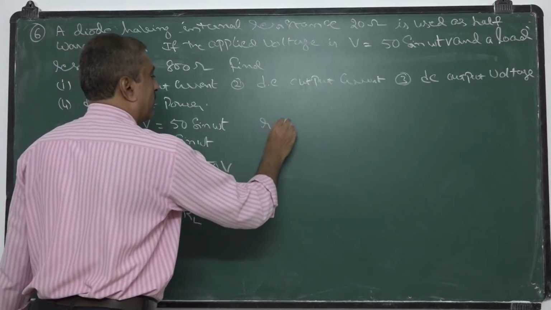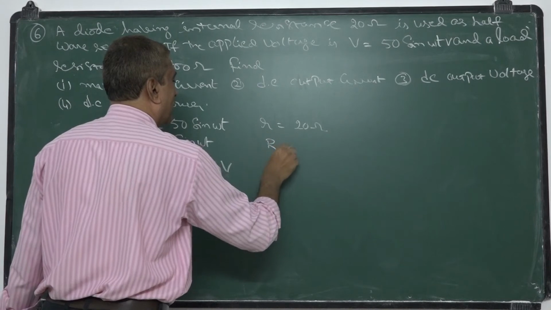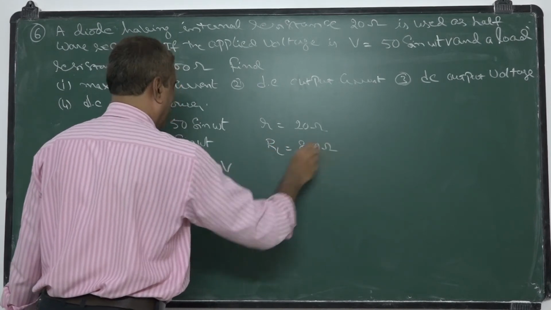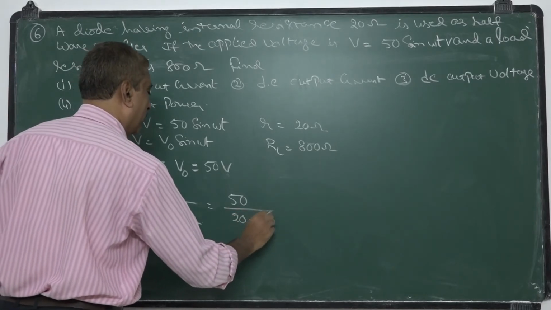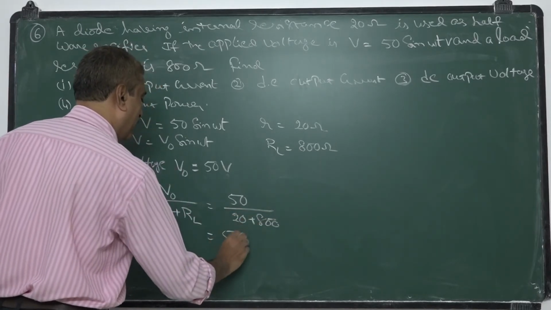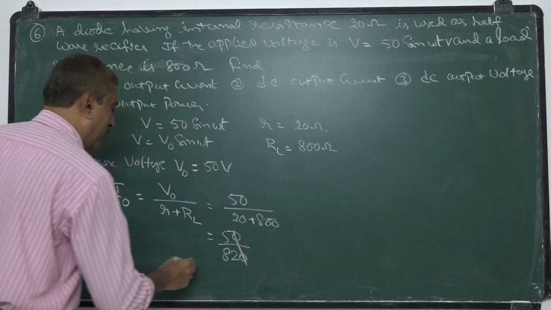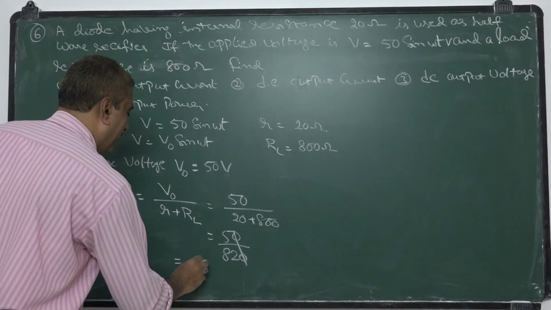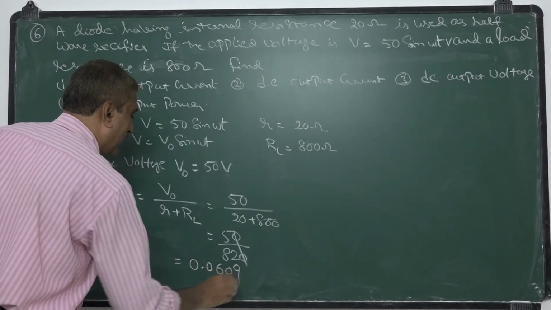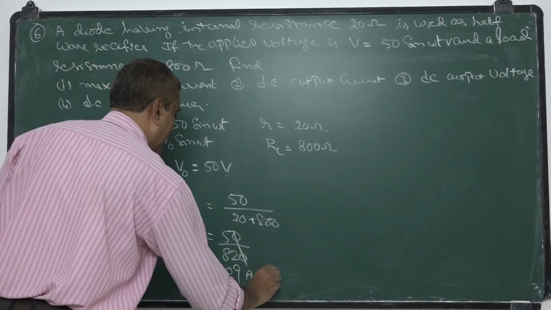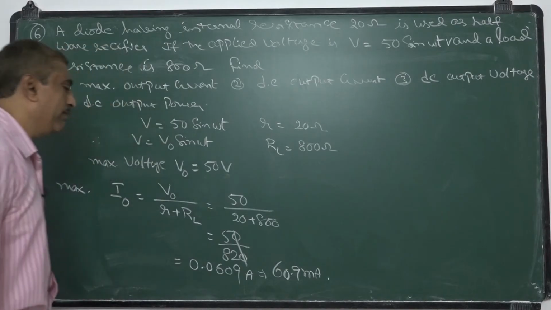The diode resistance r is 20 and the load resistance is 800 ohm. So this is 50 divided by 20 plus 800, that is 50 by 820, approximately 0.0609 ampere, that is 60.9 milliampere.